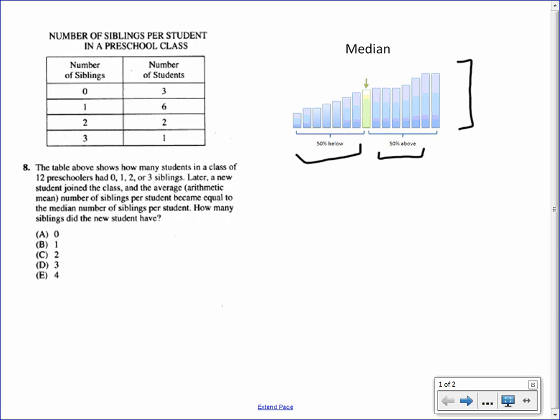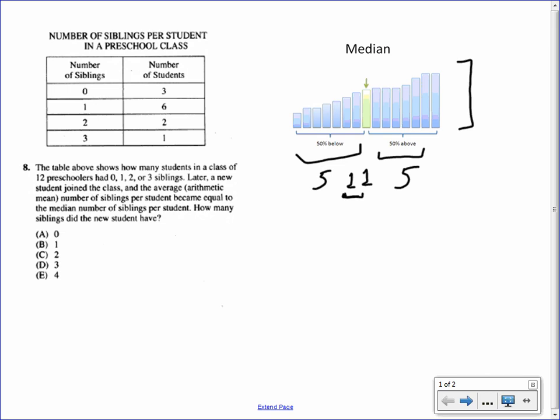So you're going to have 5 students who have a number of siblings below the median, you're going to average the 2 students in the middle, and then you'll have 5 students with a number of siblings higher than the median. So you'll add these 2 middle students and then divide the sum of their siblings. I'm going to write this all out, and then I'll show you a shortcut. But I do think writing it out is very helpful for this one.